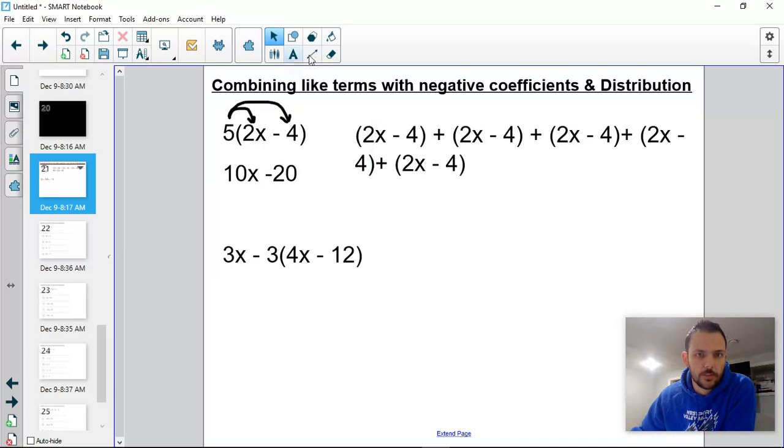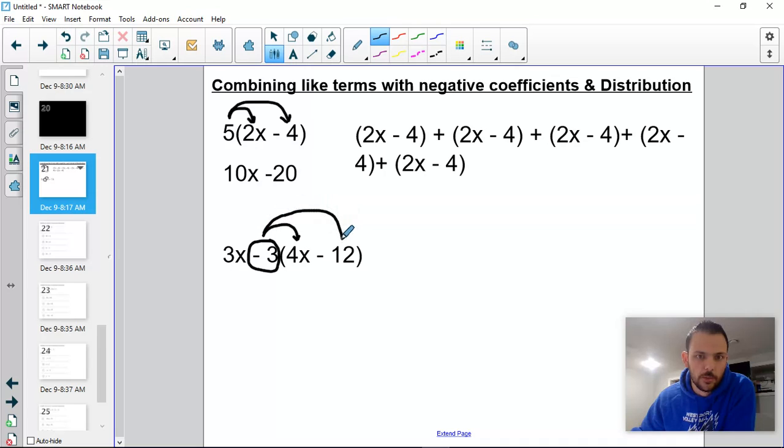All right, so then on this next one, and you'll see some stuff like this. It might be a little bit tricky. Remember when we were doing the sign in front of the number when we were combining like terms? So it's really important that if there's a sign in front of the number that we're multiplying by here, that we're including that. All right, so we're doing the negative 3 times the 4x and the negative 3 times the minus 12.